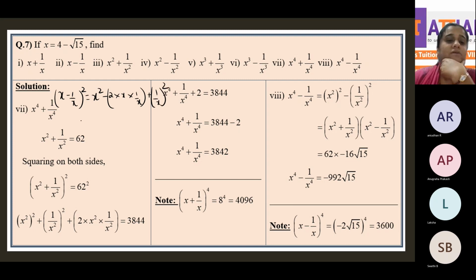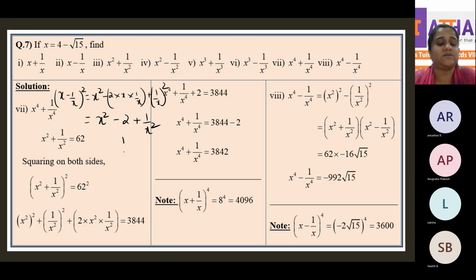Correct. So what does this give you? x squared minus 2 plus 1 by x squared. Now you are saying that x minus 1 by x the whole square is x squared minus 2 plus 1 by x squared.